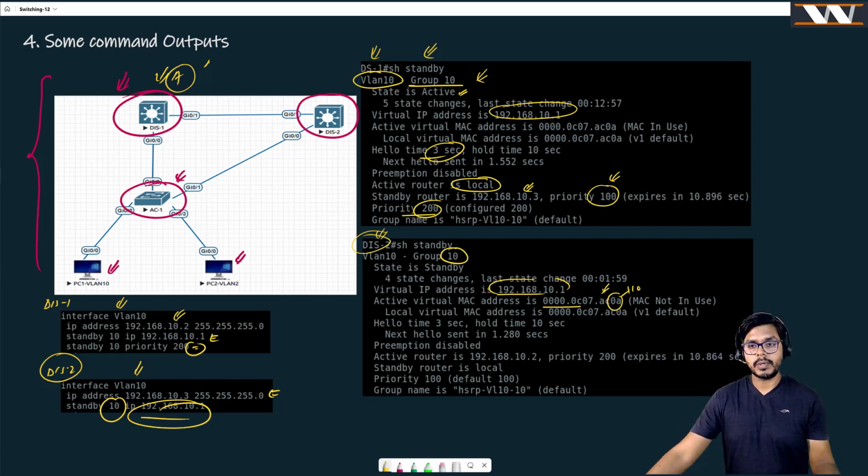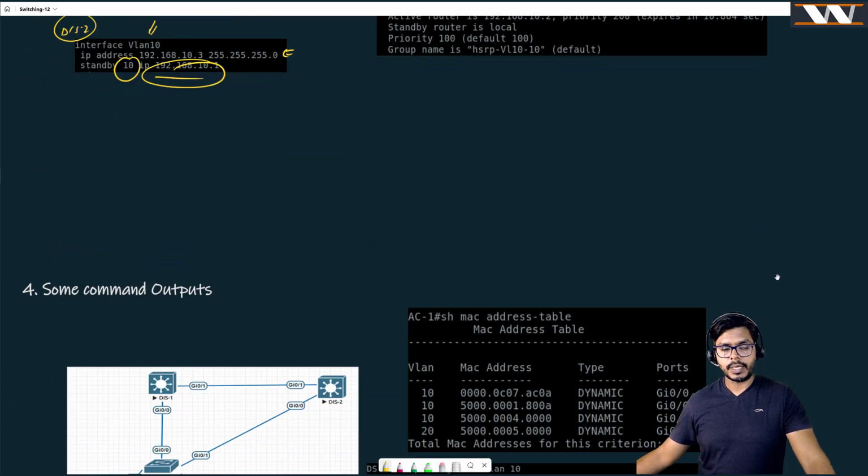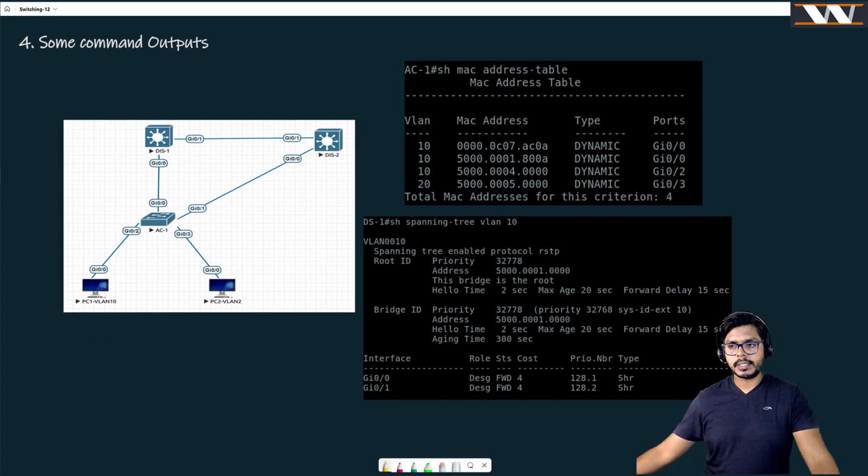So there is no doubt about it, right? We have talked about almost everything here. I have disabled the preemption, means if active becomes standby and then comes again, it is not going to preempt the distribution 2, right? Now let's discuss another interesting thing with respect to HSRP, right?